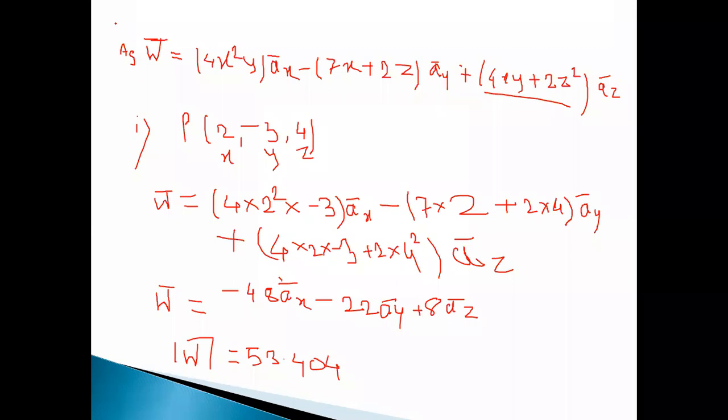So, what is your unit vector? A bar P, W bar divided by mod of W bar. 0.8988 a bar x minus 0.4119 a bar y plus 0.1489 a bar z.